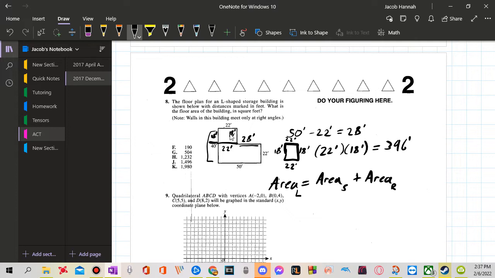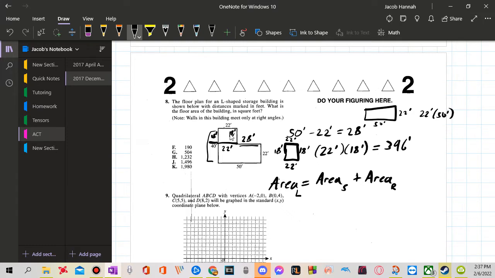So for the rectangle, let's write it up here. This side is 22 and this bottom is 50. So 22 times 50. You don't have to put parentheses around this one. I know I did down here, but I just like parentheses.